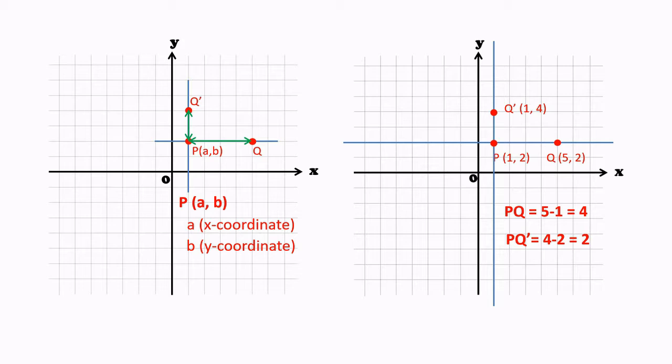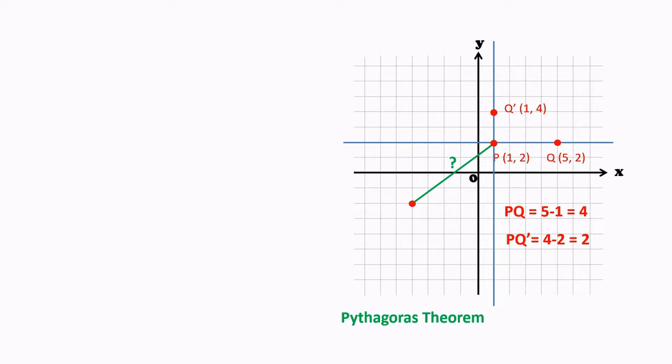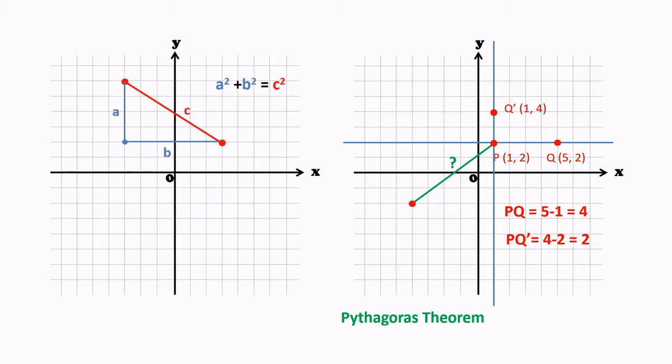However, what if the coordinates of the 2 points are not directly above, below, or on the sides of the second point? Then we need to use Pythagoras Theorem, a squared plus b squared equals c squared, to calculate the distance between the two coordinates. Let's see an example.